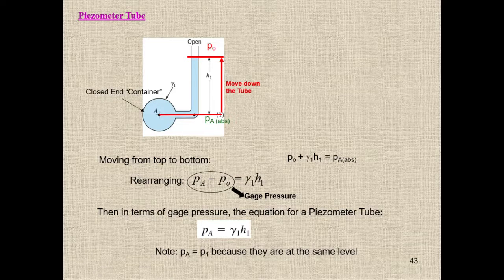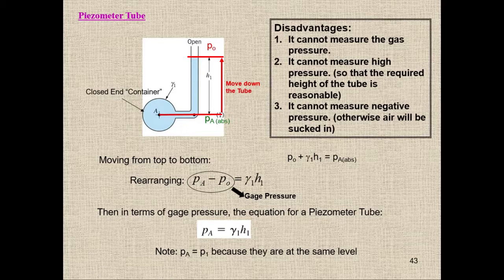Now remember, there are some disadvantages to using the piezometer. Normally, piezometers cannot be used to measure gas pressure. If we have gas in this container, and the gas pressure is much less than the atmospheric pressure, there is a chance that this liquid will go inside the container.